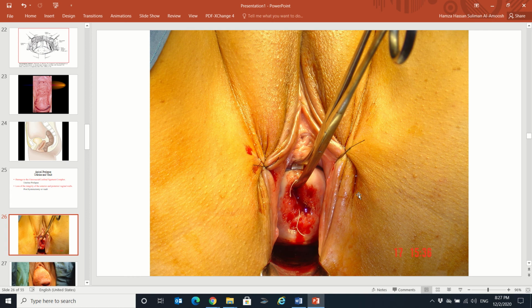So it's quite normal that you assess the patient in the clinic and say, for example, she has 2nd degree uterine prolapse or cystocele or whatever, and when you examine her in theater before the operation, you find it's 3rd degree because you can pull down further.